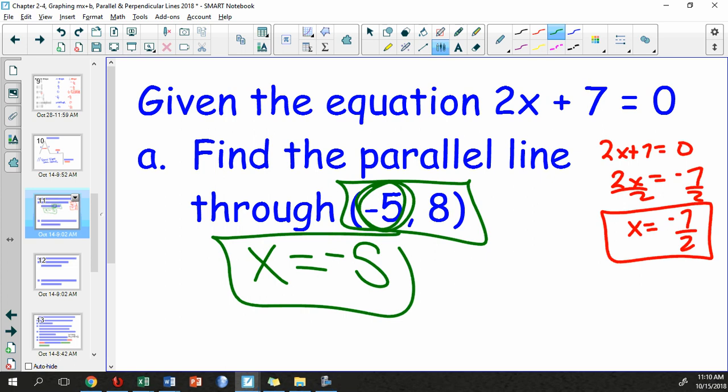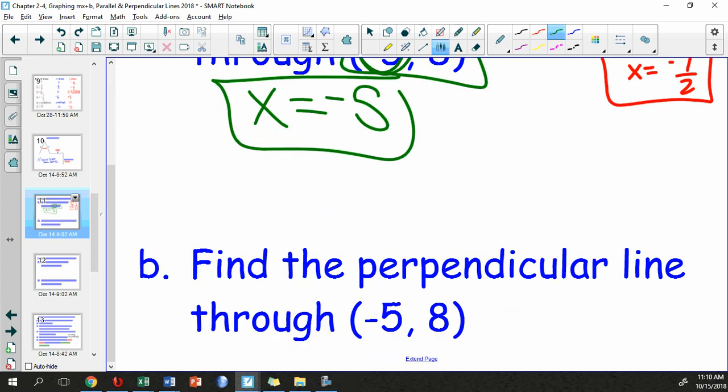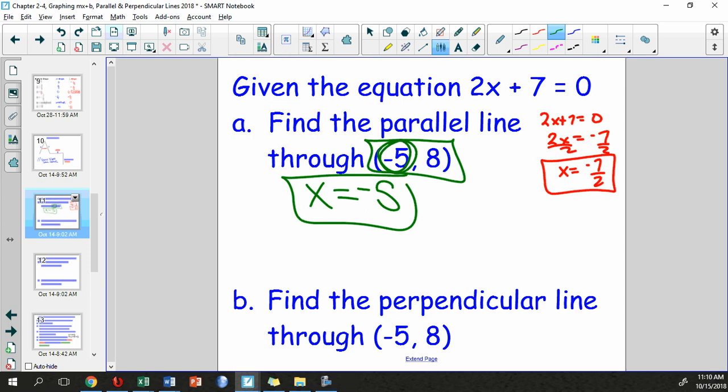What is going to be perpendicular to that? No, think about it. X equals a number is a vertical line. What is perpendicular to a vertical line? A horizontal line. What's the equation of a horizontal line? Y equals.